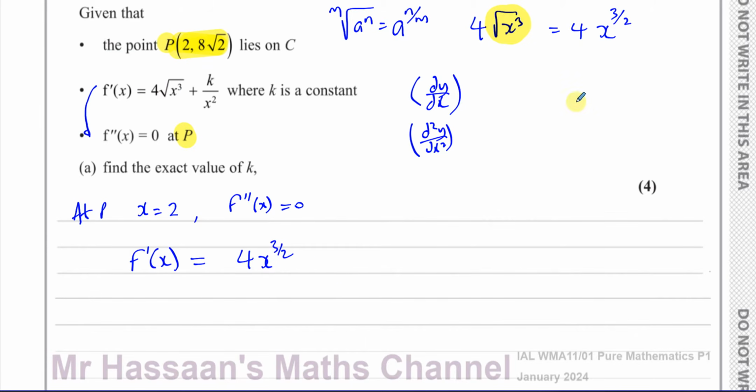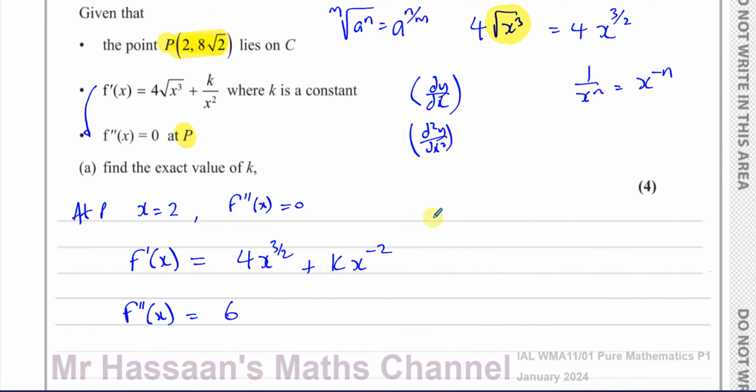That's how you write this in index form. And k over x squared, well, we know that 1 over x to the power of n is the same as x to the power of negative n. So this is going to be plus k times x to the power of negative 2. That's f dash of x. Now it's ready for us to differentiate. To differentiate this, we multiply by the power. So we have 3 over 2 times 4, which is 6, because the 2 cancels with the 4, leaving 3 times 2.